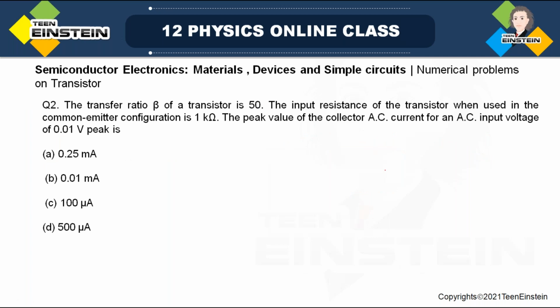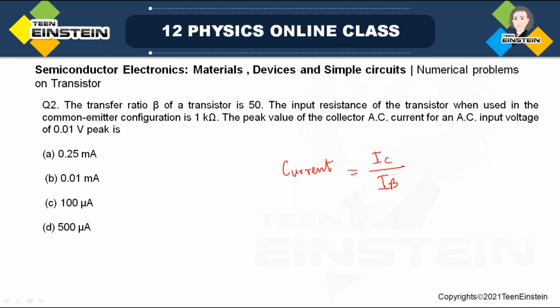Now let us go to the second question. So what is the second question saying? The transfer ratio beta of a transistor is 50. What is this beta? Beta is actually current gain. It is stated as transfer ratio because it is the output by input.